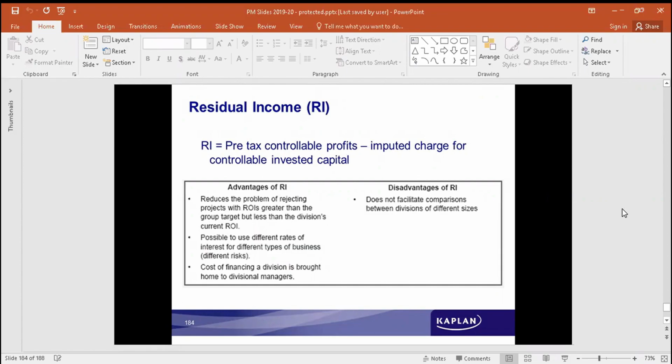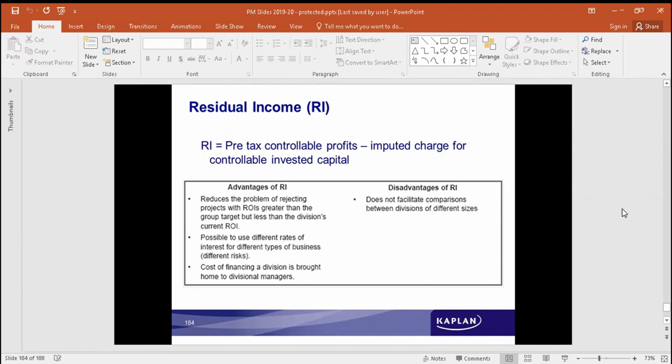So RIs also are not comparable because they operate at different scale. So it is not comparable. The disadvantage of not accepting projects with lesser ROI than the standard ROI.